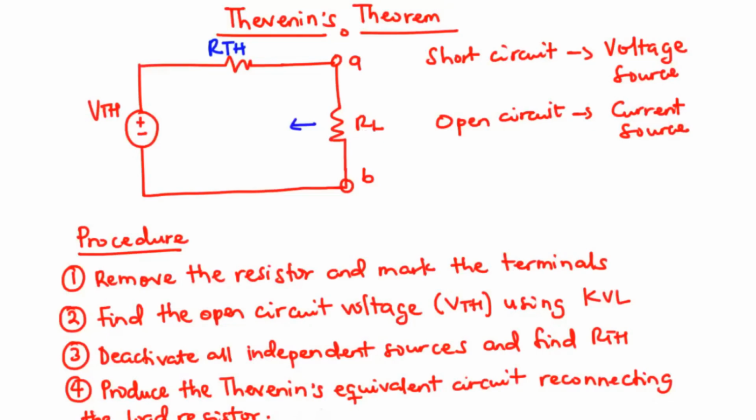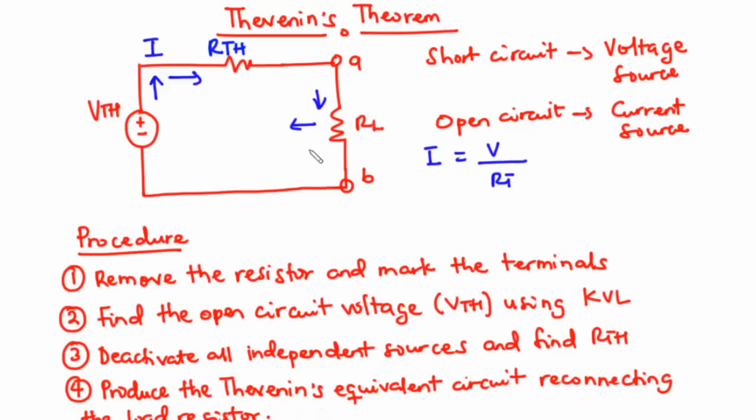This load resistance is in series with RTH, so that the current produced by VTH will be the same current flowing through RTH and then RL, and this RL is also the resistance you want to find the current flowing through. So from this particular circuit, if you want to find the current flowing through the load resistor, then that is given by I equals the voltage divided by the total resistance of the circuit.